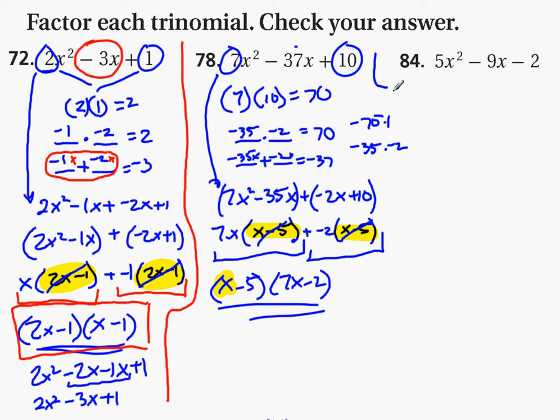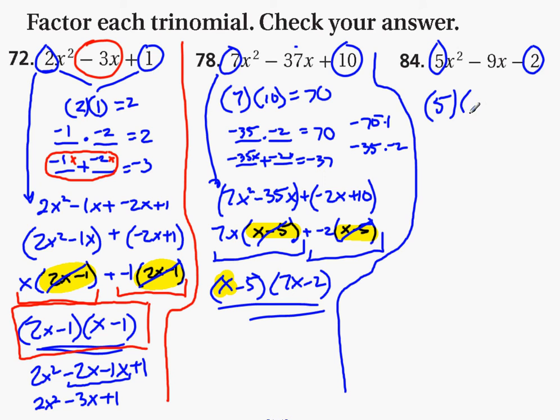Finally, 84. Okay, again, multiplying the first and third numbers, the number in the first term and the number in the third term, I have 5 times negative 2, which gives me negative 10. What two numbers multiplied together give me negative 10, and if I add the two numbers together, I get negative 9?